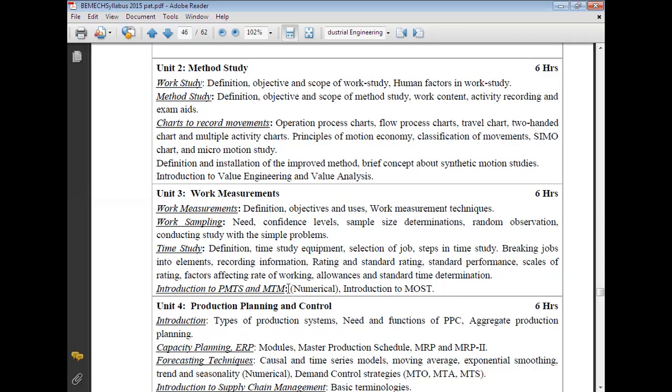Then we will be discussing the numericals on the PMTS and MTMs, and we will have the introduction of MOST. This is what will be the syllabus for the in-semester examination, your proposed theory examination.